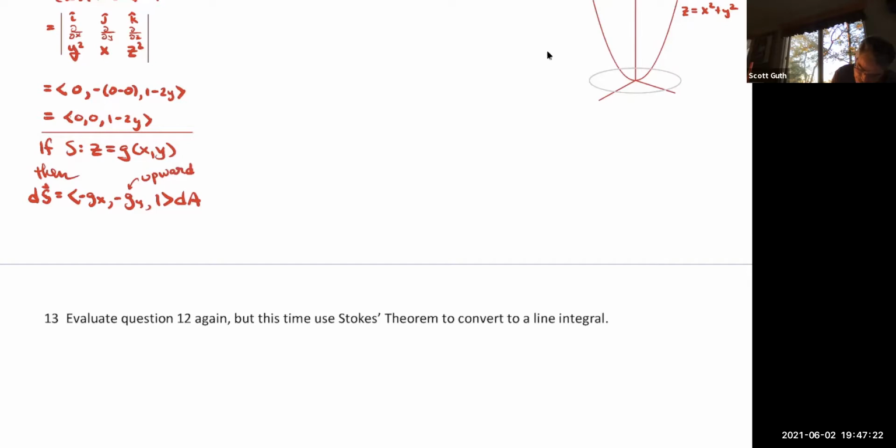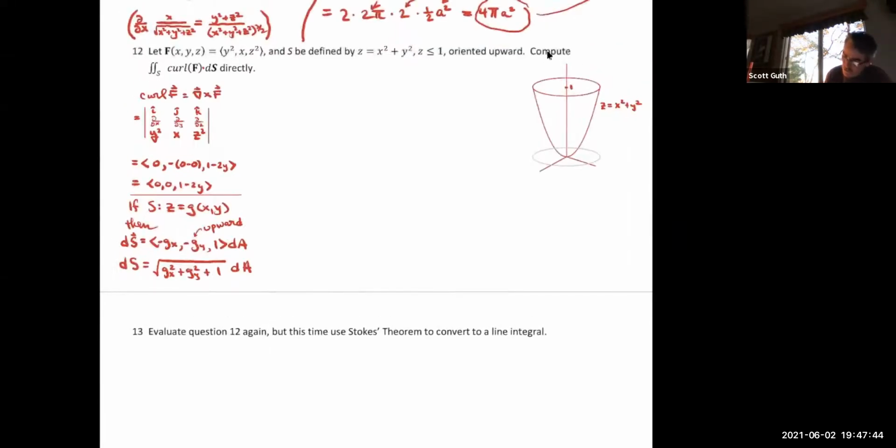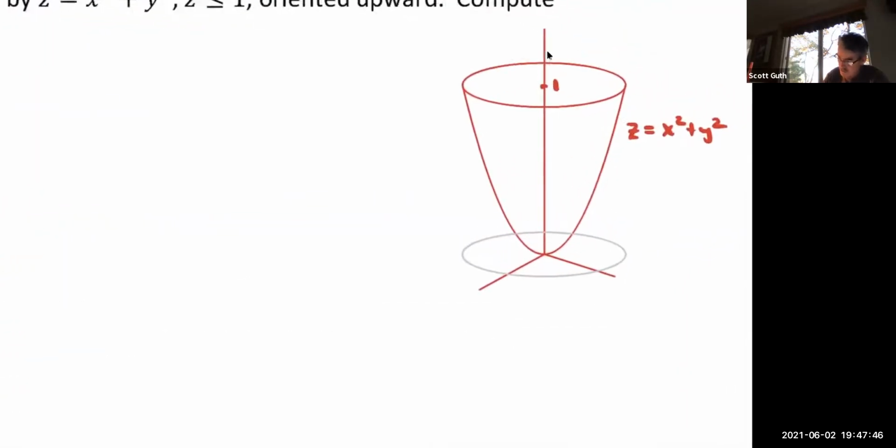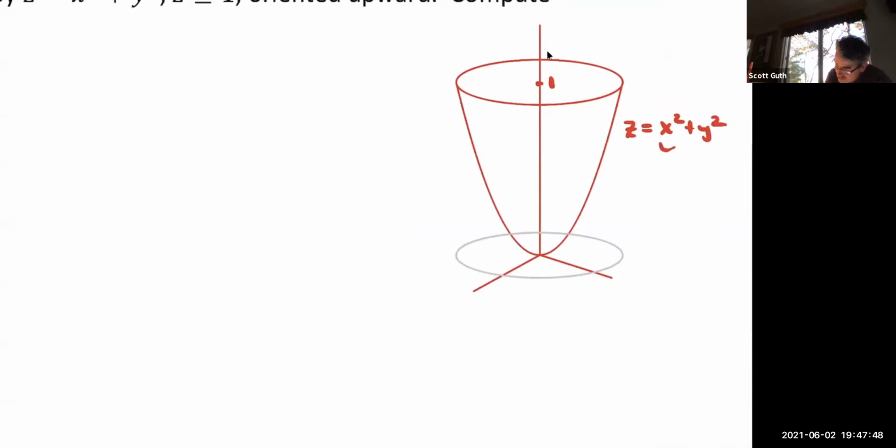Okay, ds, the scalar, just to complete the notes, though we don't need it right here, is the square root. You're basically taking the magnitude of ds, so you have the square root of g_x squared plus g_y squared plus 1, dA. So it's the magnitude. Okay, here you can see that this is our g of x, y.